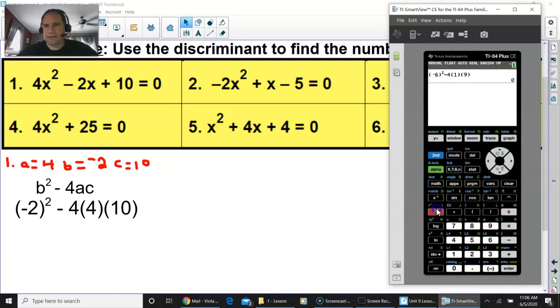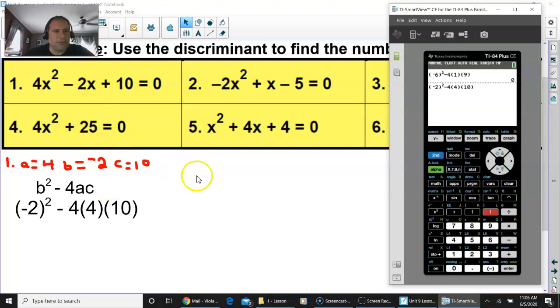So it's -2, close the parentheses, squared, minus. I'm not going to press enter until I'm finished inputting. That's exactly the way I'm showing that substitution there. And just let me double check my A, my B, and my C. My A is 4, so my B is -2, so I have -2 squared. Minus 4 times A, my A is 4, that's correct, and my C is 10.